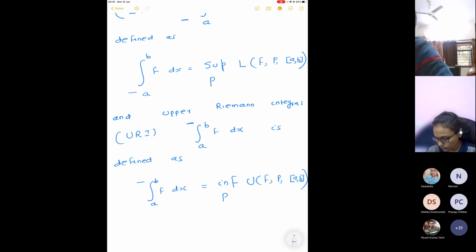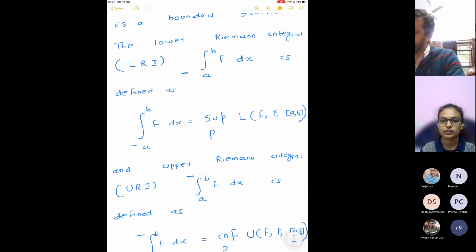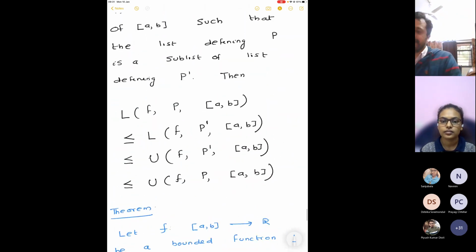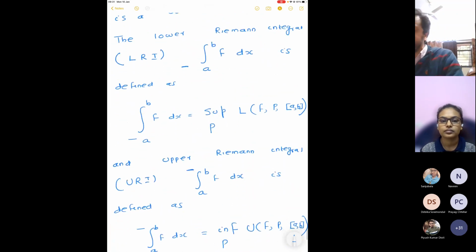Now you can understand we are taking the supremum of lower Riemann sums because adjoining more points increases the lower sum, that we have proved. If you adjoin more and more points, refining the partition, the lower Riemann sum will increase, so we take the least upper bound.